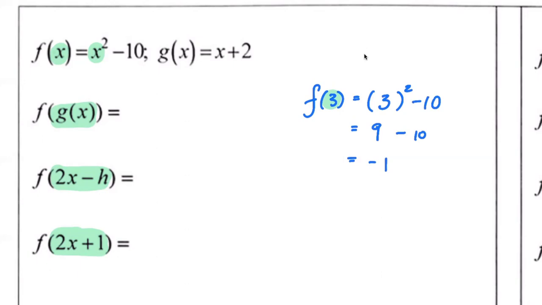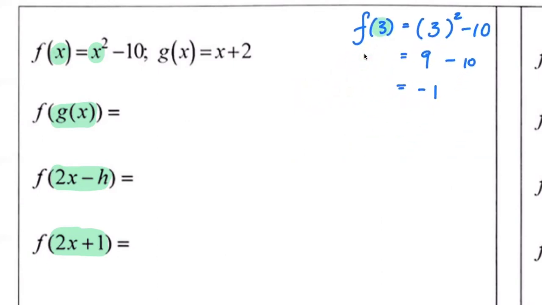I'm going to put it on the side for your reference. What you can see here is that we basically do the same thing. The function f is x squared minus 10, but in this case, what is the new x value? It's g of x. What is g of x really?